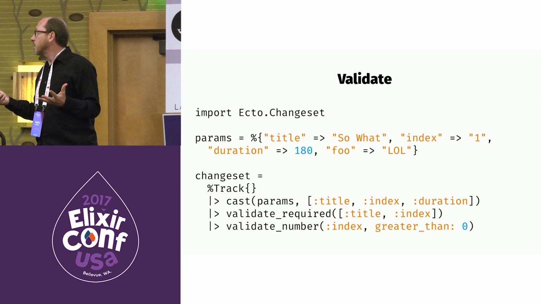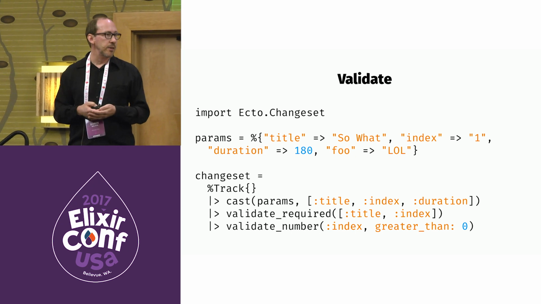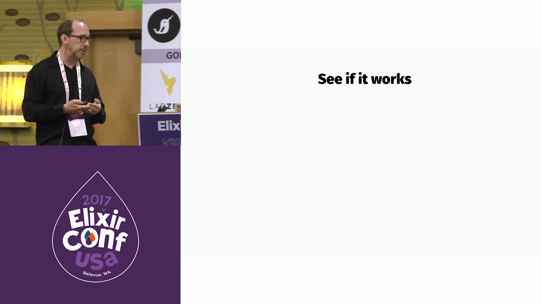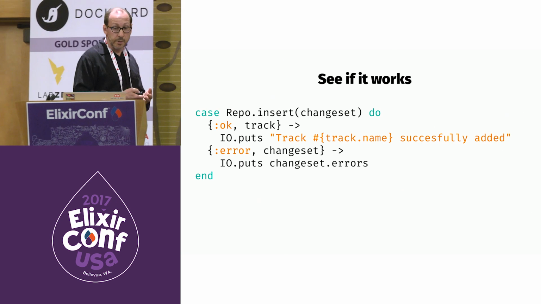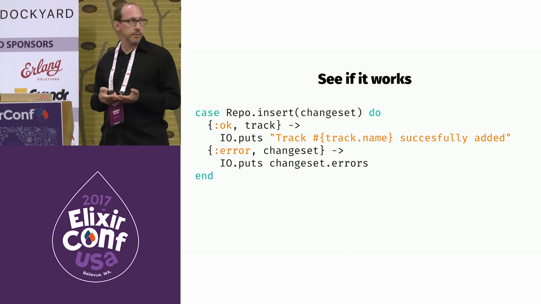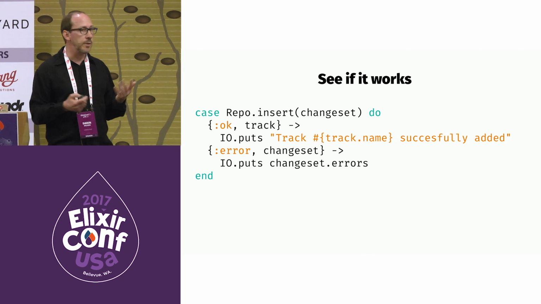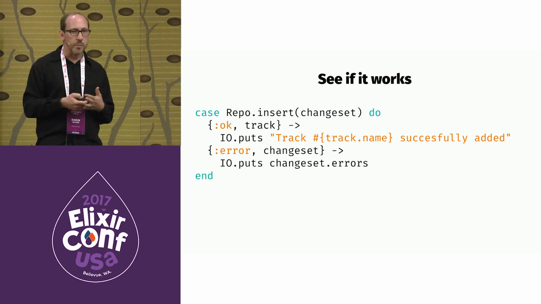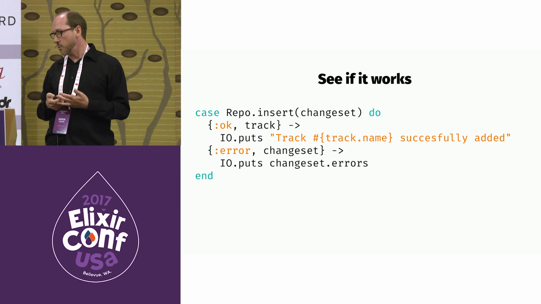And the change set module provides a bunch of handy validation functions that do most of what you want, but you can always write a custom one yourself. And then we see if it works. We hand it off to repo to insert, and we get a tuple back. If it's okay, that means everything worked. If we get an error, then again, we'll get the change set back, and it'll have the errors for us.